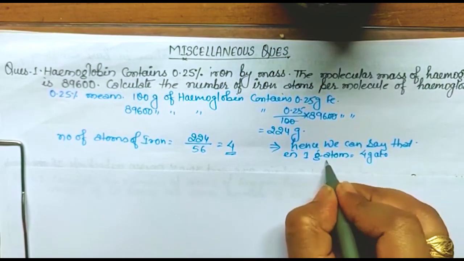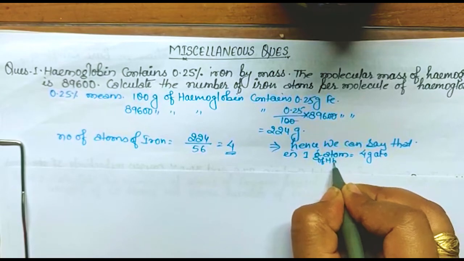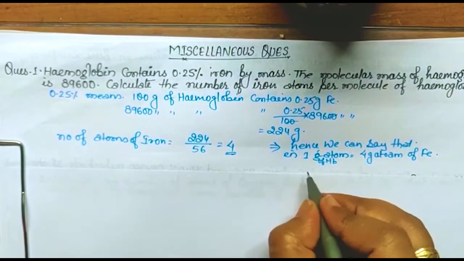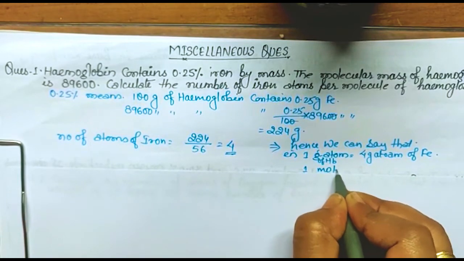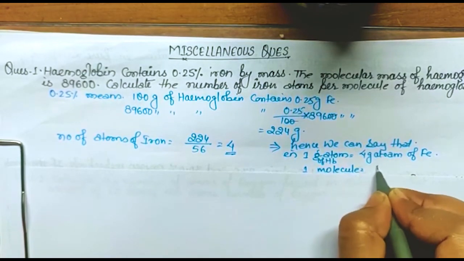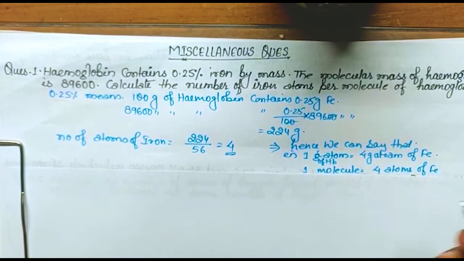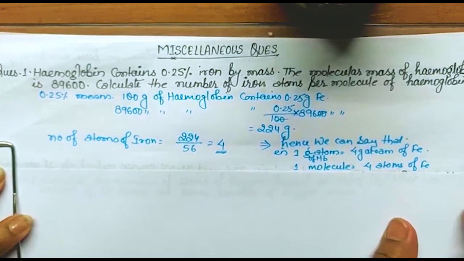Similarly, in 1 molecule, that will simply be 4 atoms of Fe. So that is not even required. This one is quite clear. Done with this? So I hope it is clear.